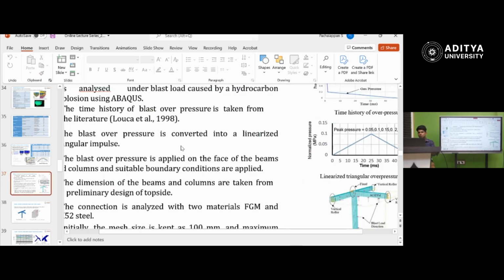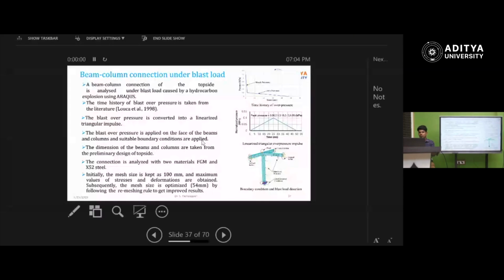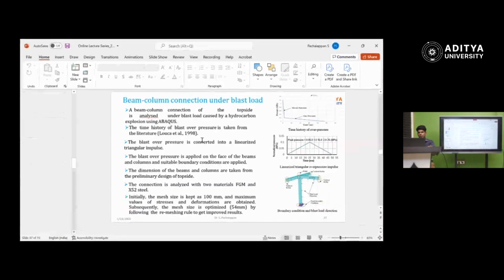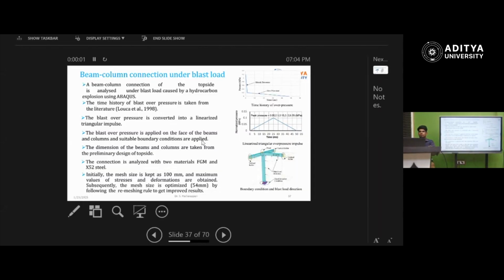Zoom it. Is it okay? Okay, fine. Sorry for the interruption. There is a technical issue here.